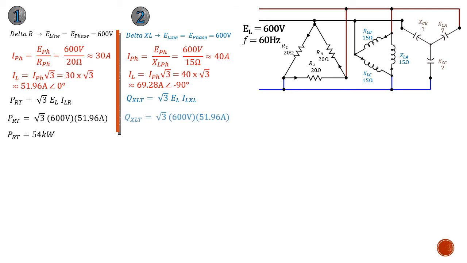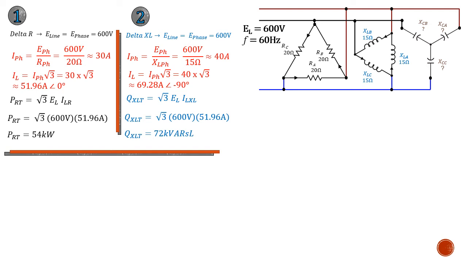With our line current and our line voltage, we can calculate our total inductive reactive power for this network, and that works out to be 72 kVARs inductive. Now that we have the true power in our resistance and our inductive power and our two line currents, we can calculate the totals for that starting network.